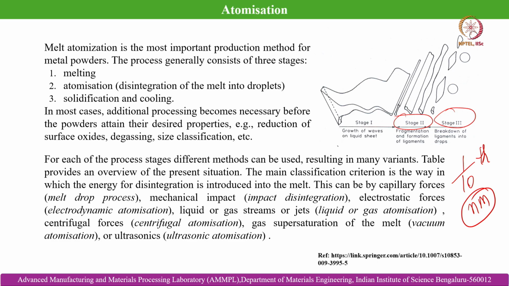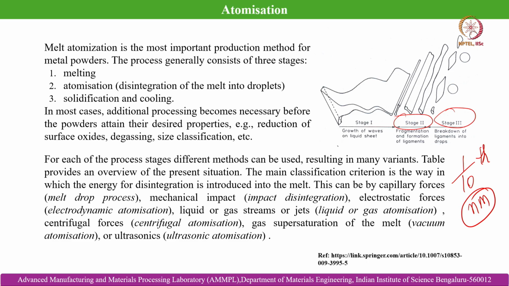This can be by capillary forces like the melt drop process, mechanical impact which is called impact disintegration, electrostatic forces, that is electrodynamic atomization, with the help of liquid or gas streams, which we call water and gas atomization, and then centrifugal forces, which we call centrifugal atomization.